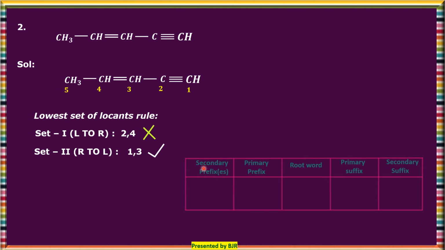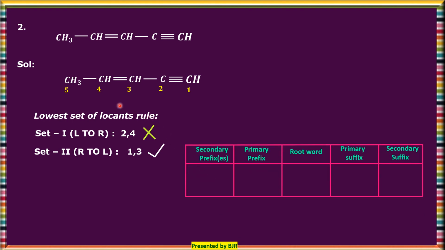Okay. Now it contains 5 carbon atoms in the chain. So the root word is pent. Primary suffix: here both double and triple bonds are there. For that reason, en, yn. Secondary suffix is e. Why? Because this compound contains only carbon and hydrogen atoms.